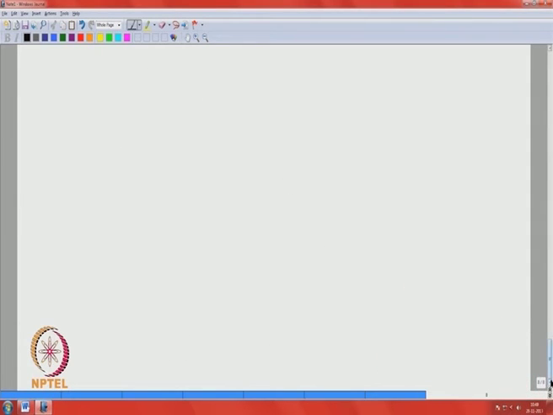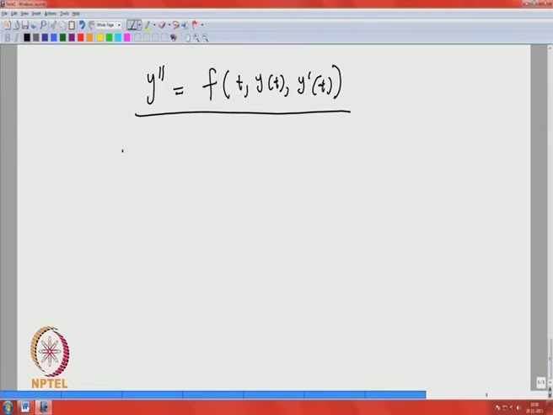So, if you have a second order equation, in a slightly simpler form, let me write here y double prime of t equal to f of t, y of t and y prime of t. Let me convert this differential equation into a system of differential equations, which is generally possible.